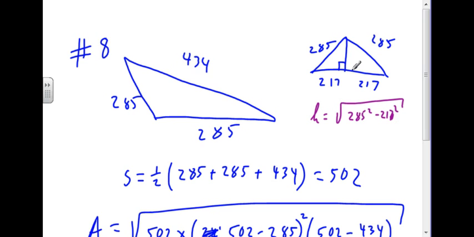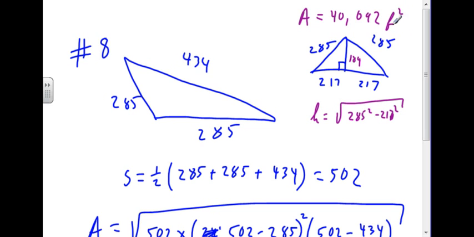So my height is 184, and my area would be 1/2 the base times the height. So it'd be 184 times 1/2 times 434. And I end up with an answer of 40,092, number 8, feet squared.